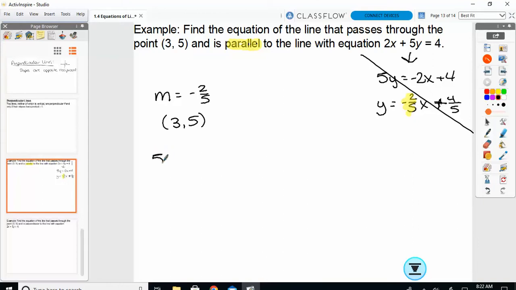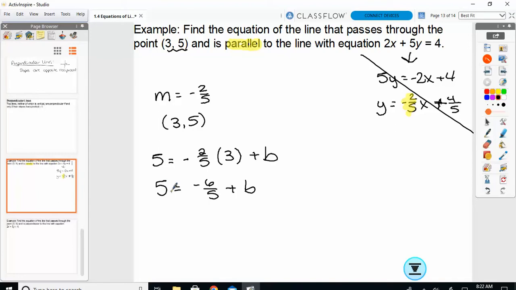So now we write the equation. My y is 5. So we get 5 equals -6/5 plus b.